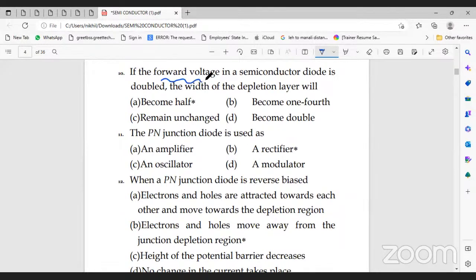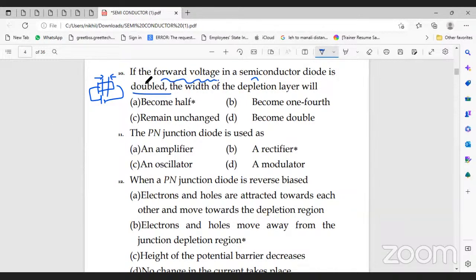If the forward voltage in the case of the semiconductor diode is doubled, what happens to the width of the depletion region? You know that as the applied voltage is increased in the case of a forward bias, this depletion region will decrease.